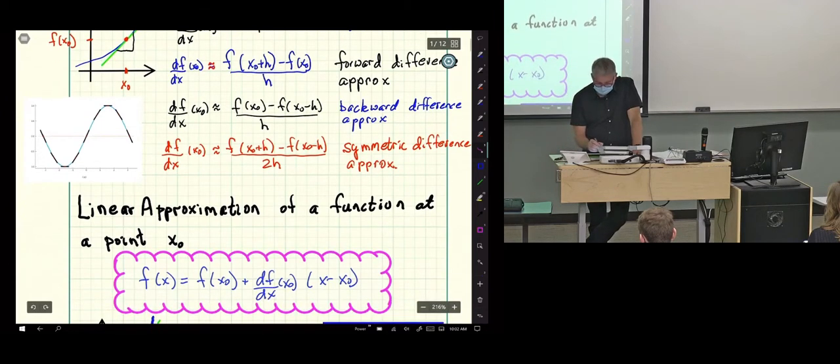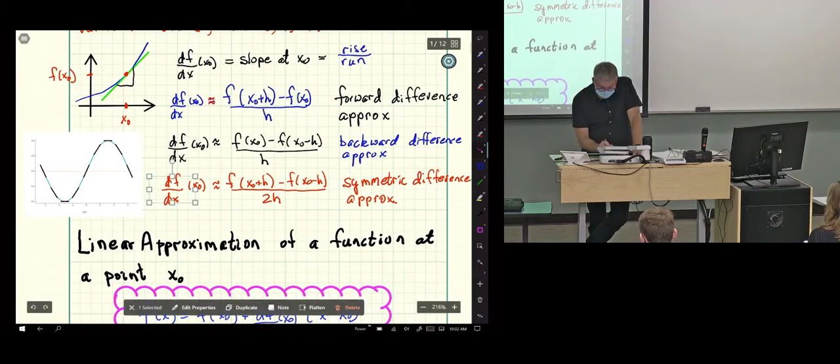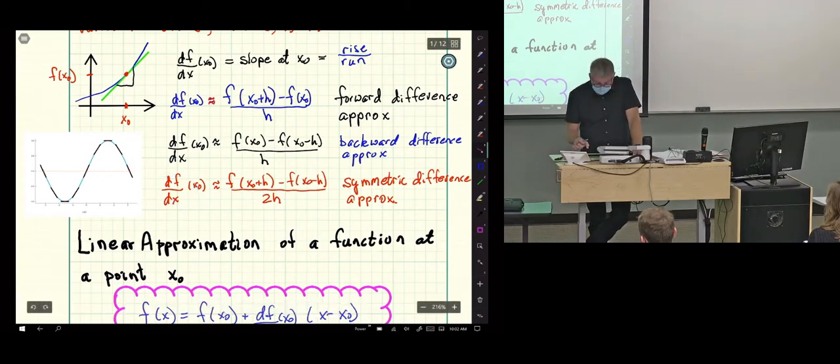And then we can be symmetric with respect to our point x0, where we go h back, h forward, we calculate the rise, and the run would be 2h. Don't forget the 2 when you do the symmetric difference, or your derivative will be off by a factor of 2. Okay, so this is sine of x with all the linear approximations tied to it.